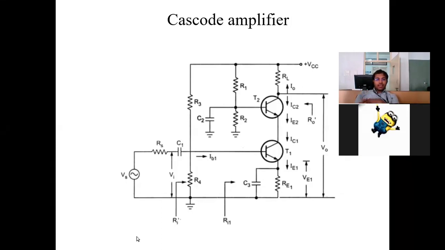Very easy question. Why am I asking the same thing again and again? Because the process is the same for any circuit. Given the circuit, how will you analyze? What is the first step? AC equivalent or DC equivalent? AC equivalent. Very good. First step, AC equivalent.